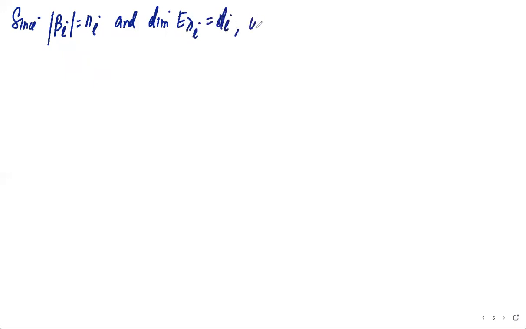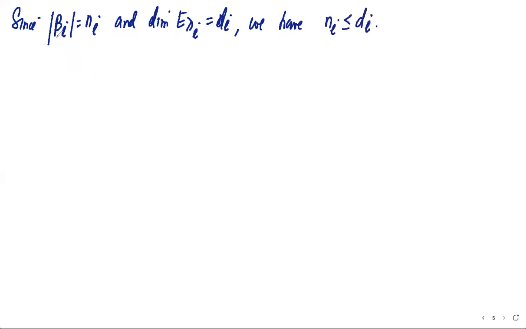Now we have, as the cardinality of beta_i is equal to n_i, and the dimension of the eigenspace corresponding to lambda_i is equal to d_i, this n_i is less than or equal to d_i.